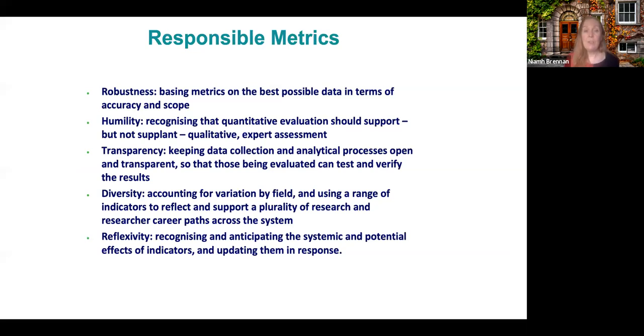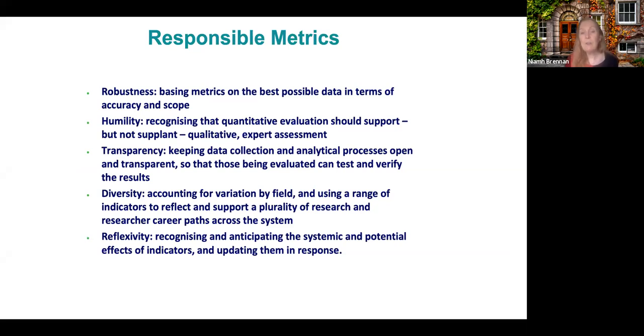That's based on the principles that the Metric Tide came up with: robustness; humility, knowing that this is not the final word; and transparency, making sure that the analytical processes and the data collection are transparent. So you should always show your methodology. You should list what your methodology is and the caveats I mentioned.